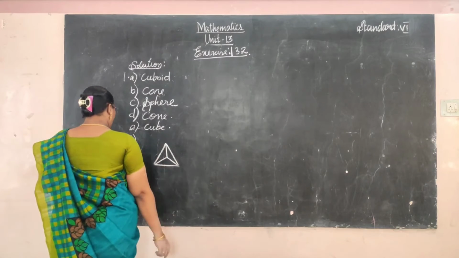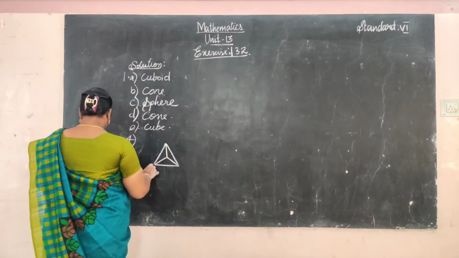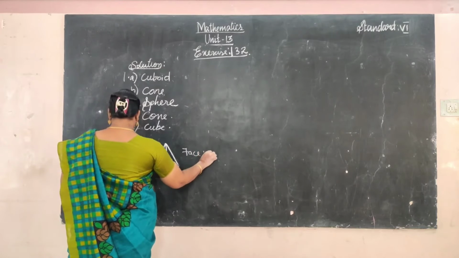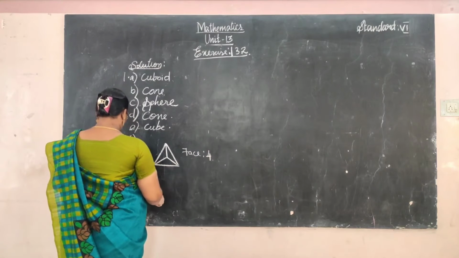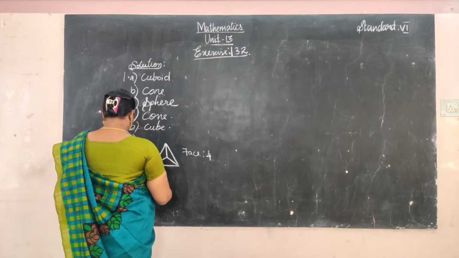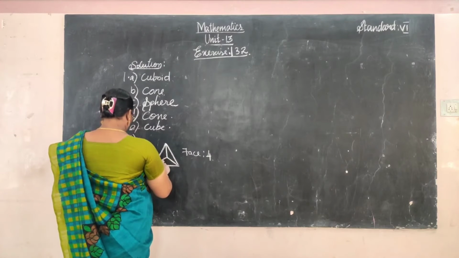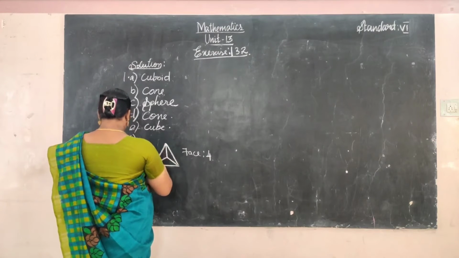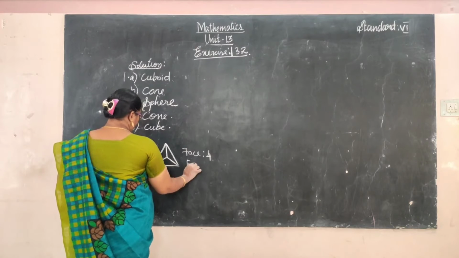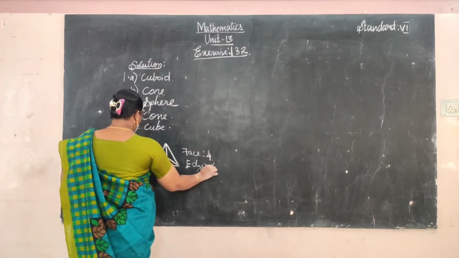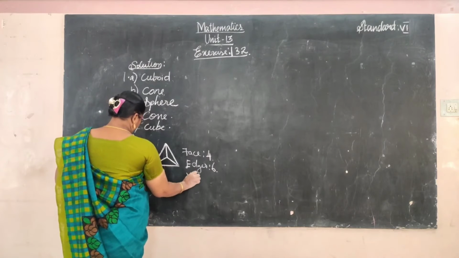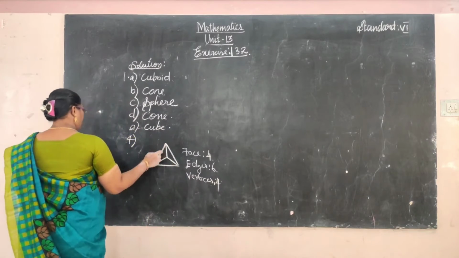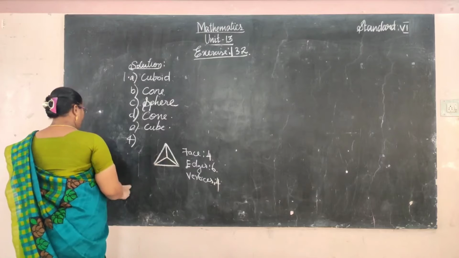This is a tetrahedron. Okay, it has 4 faces. Edges: 1, 2, 3, 4, 5, 6 edges. Vertices 4. 1, 2, 3 and join, we get that center point.